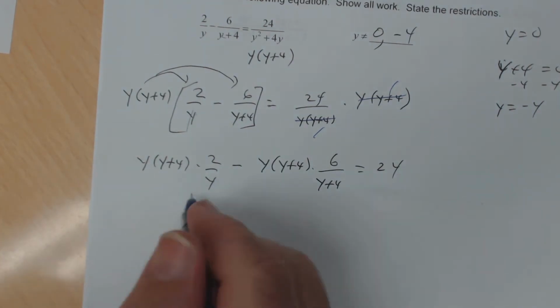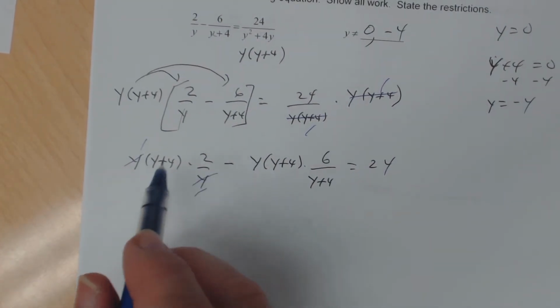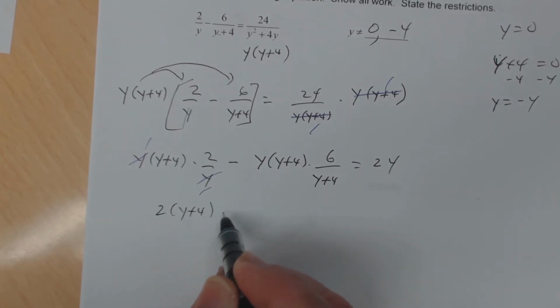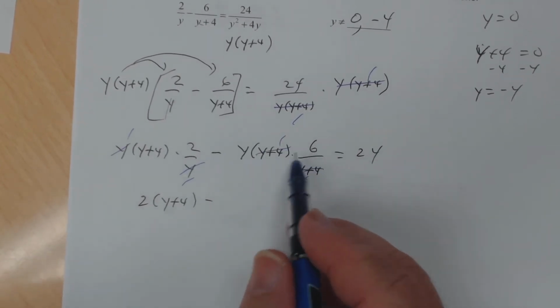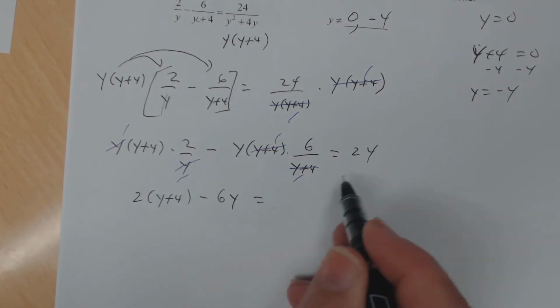Now reducing these, this y into this y divides out, and you're left with 2 times y plus 4, minus. Over here, the y plus 4's divide out, and you're left with y times 6, which is 6y, equals 24.